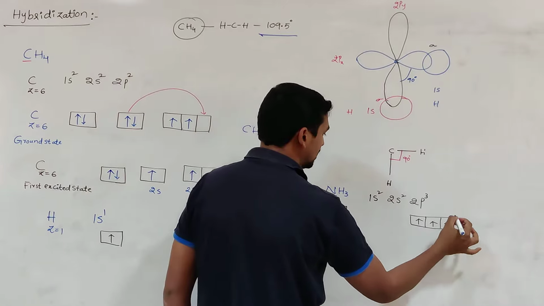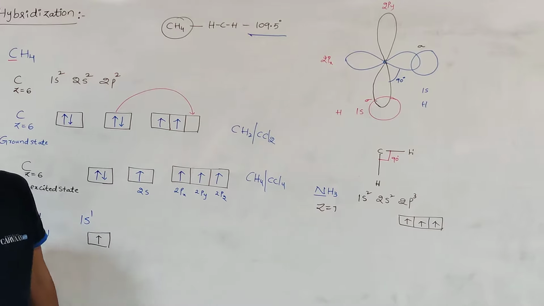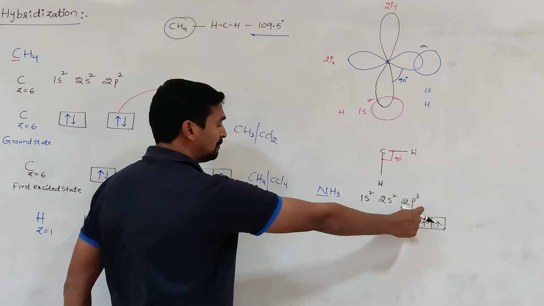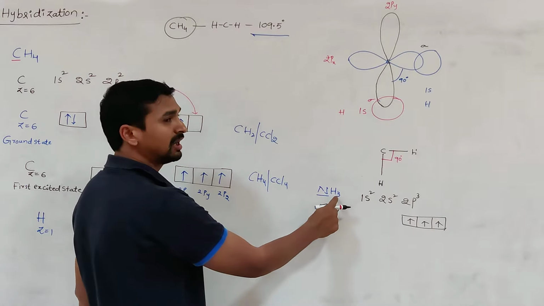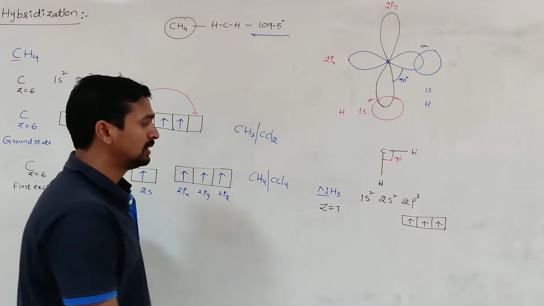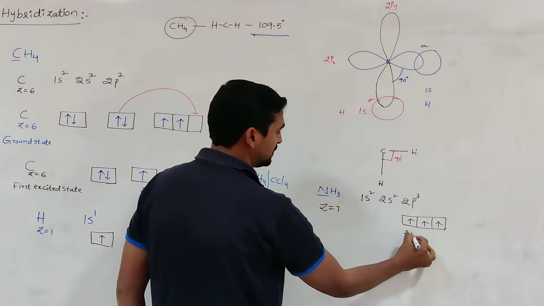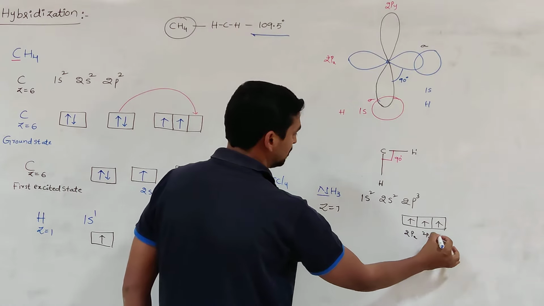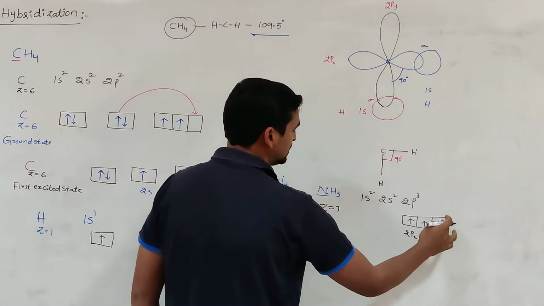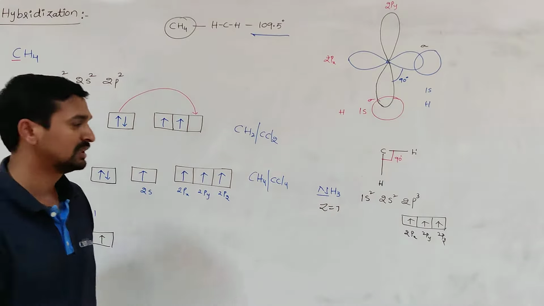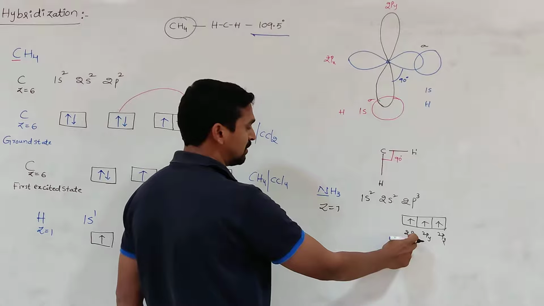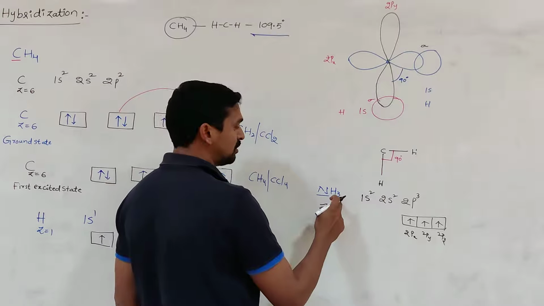So these three half-filled p orbitals of nitrogen overlap with the 1s orbital of the hydrogen atom. This 2p means 2px, 2py, 2pz. These three are mutually at right angles to each other, in the x, y, z directions. So obviously the 2px is overlapped with hydrogen, and the 2py is overlapped with hydrogen.